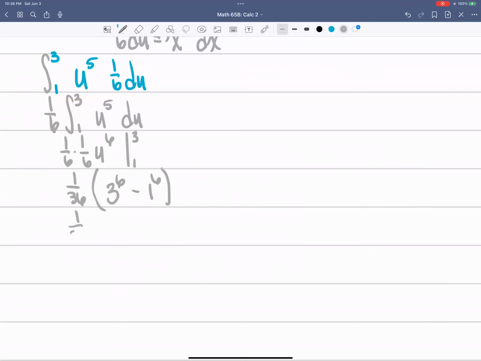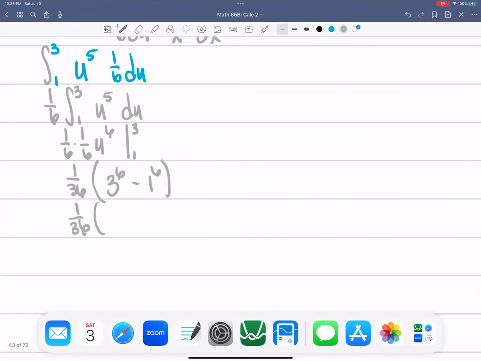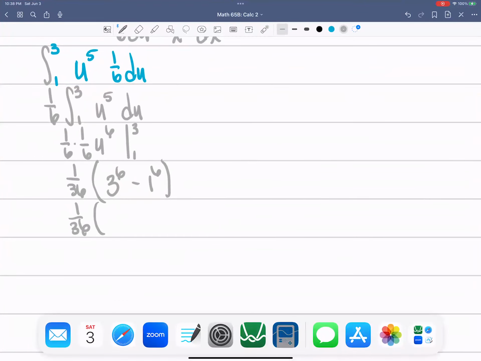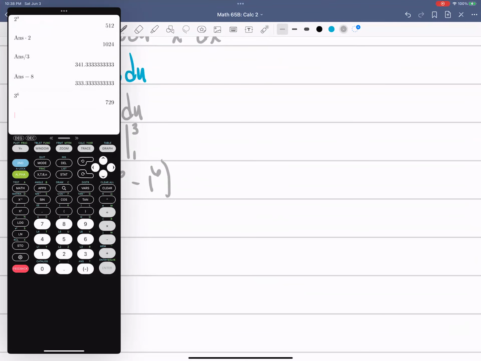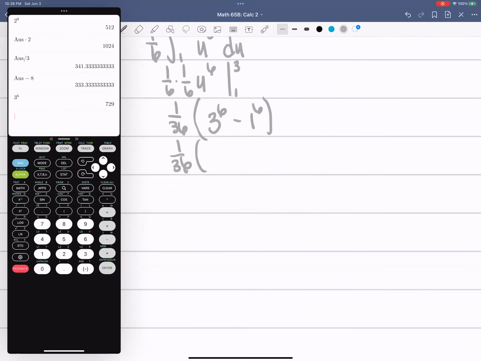So 1 over 36 times 3 to the power 6. 3 raised to 6 is 729. So 729 minus 1 is 728, and we're dividing that by 36.